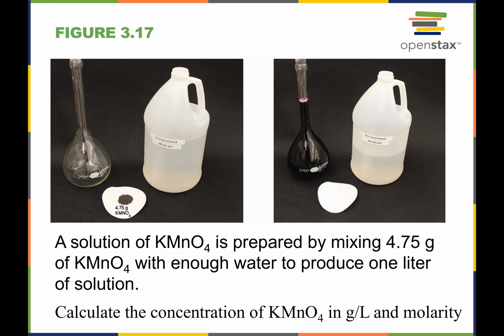So then we have to get grams to moles, and you guys told me molar mass. 1 mole of KMnO4 per whatever you got up here was the molar mass. Okay, so that would give you moles per liter, molarity.